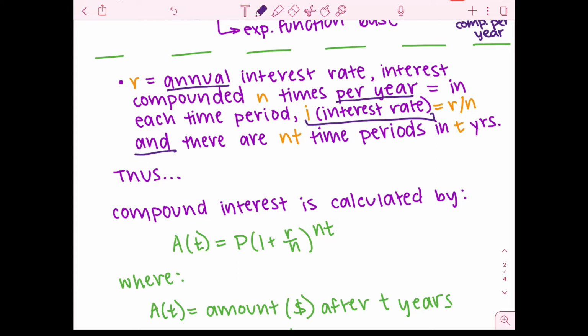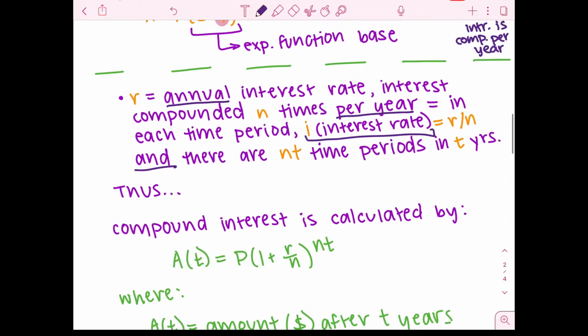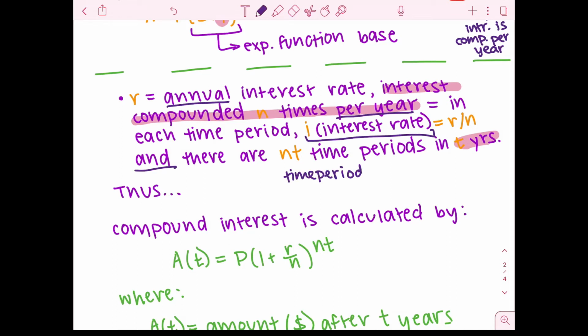And there are NT time periods in T years. So remember, N is the amount of times that interest is compounded per year. And T is the amount of years. So it only makes sense that our time periods is equal to NT. So how many times it's compounded per year, and T is our amount of years.